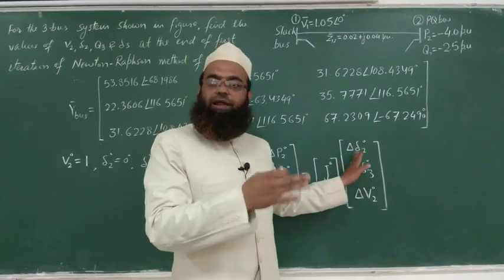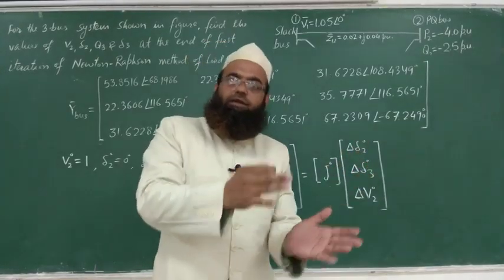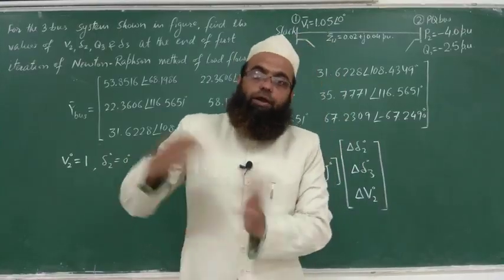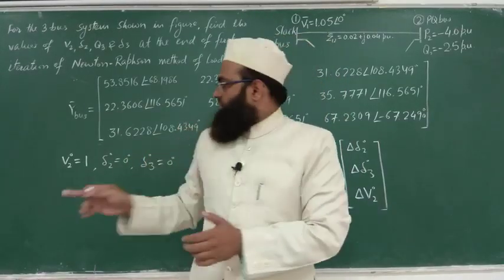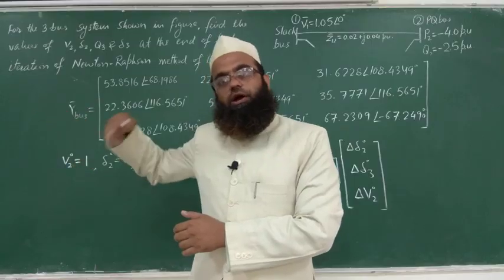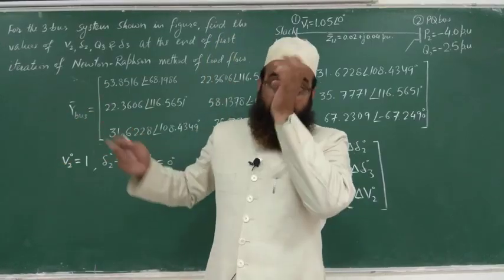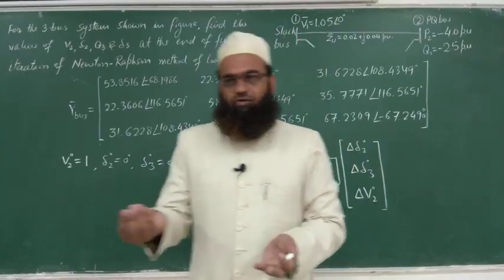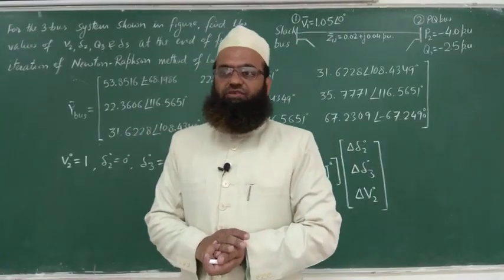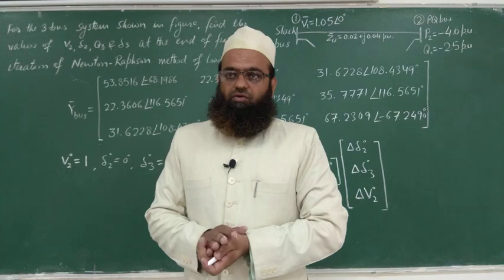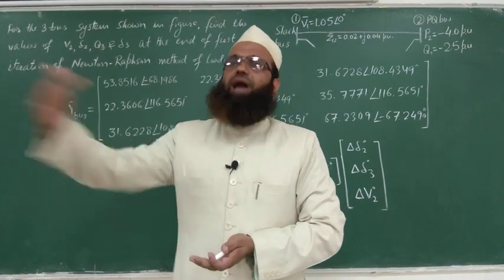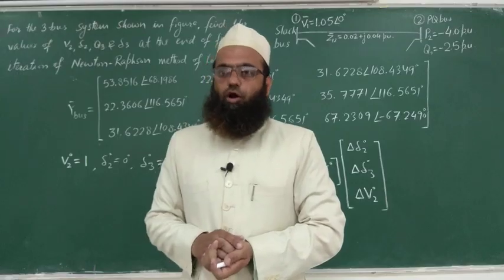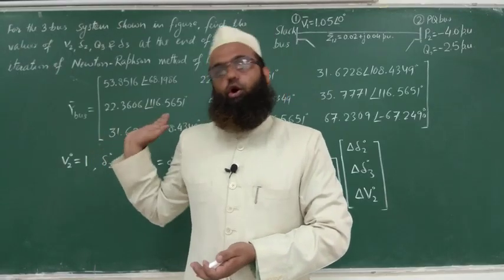Then update delta and V2 1 at the end of second iteration. So now you will get V2 2, delta 2 2, delta 3 2, and so on. In Newton-Raphson method, within 2-3 iterations, the solution generally converges. If you want to go beyond that, as per your specification of the tolerance, you can proceed accordingly.